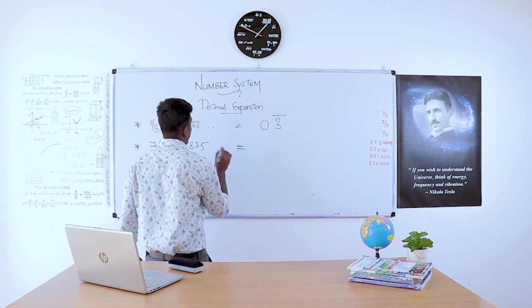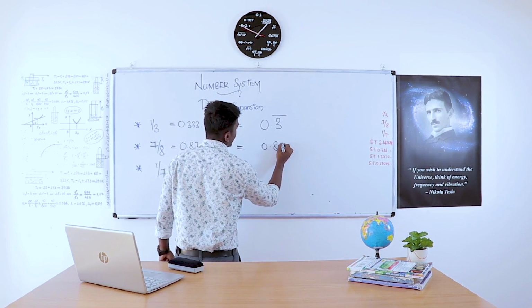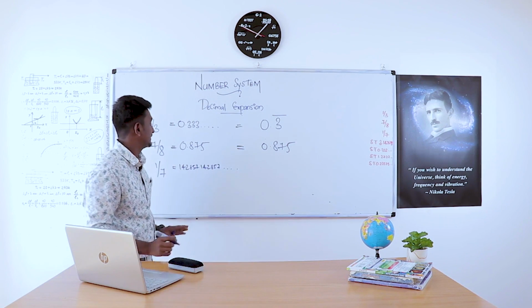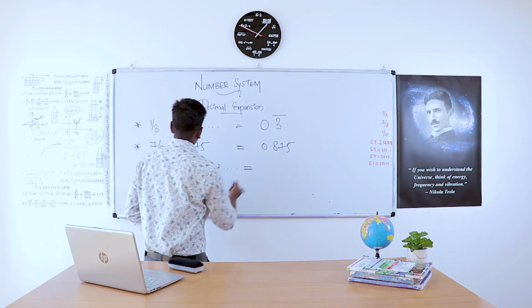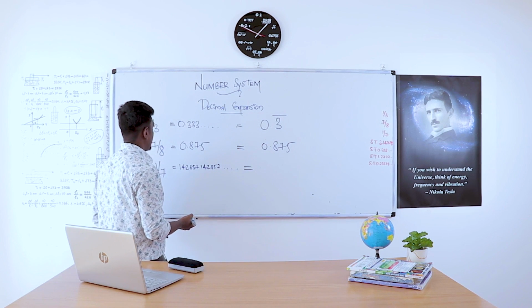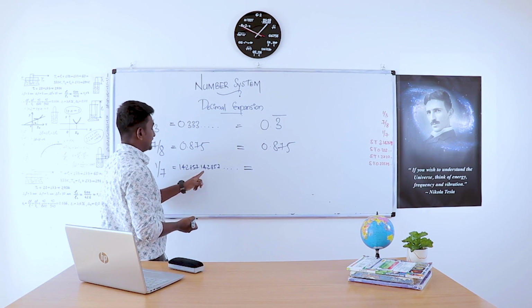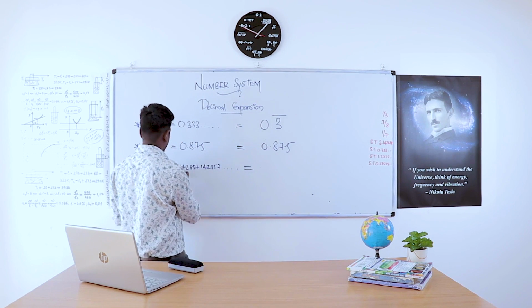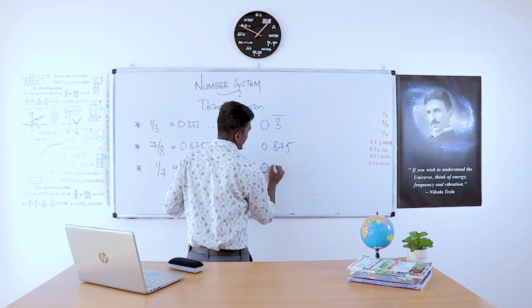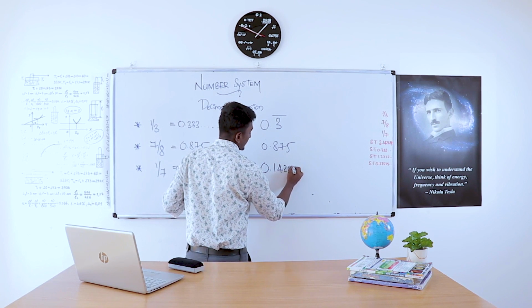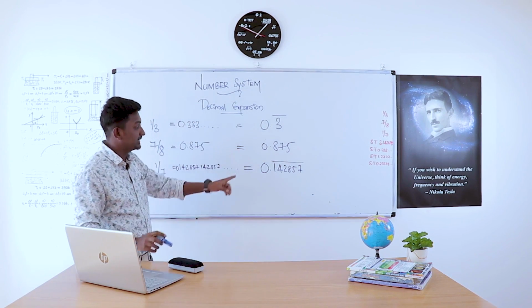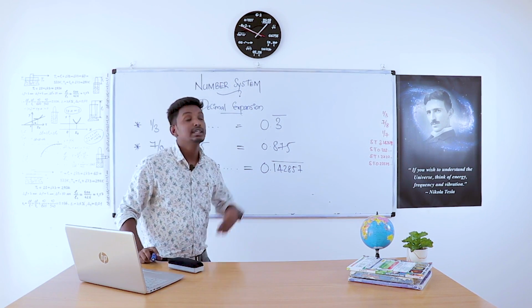Then 7 by 8, it is 0.875. No number is repeating again and again. Now 1 by 7, it is 142857, again 142857, that is 0.142857. I'm giving a bar above the 142857. That means 142857 is again repeating.